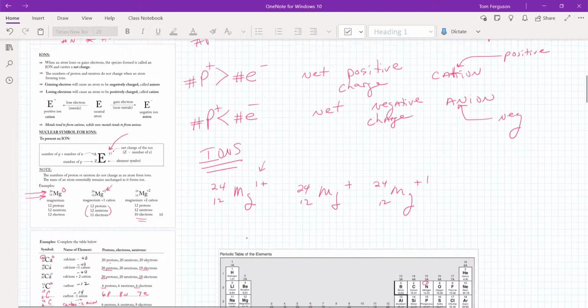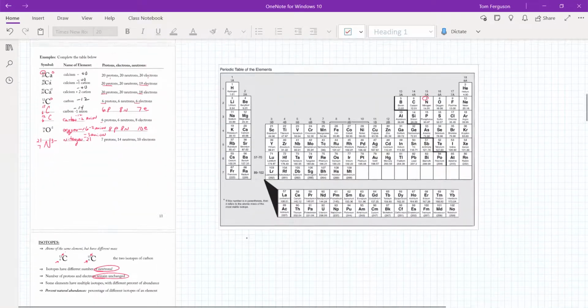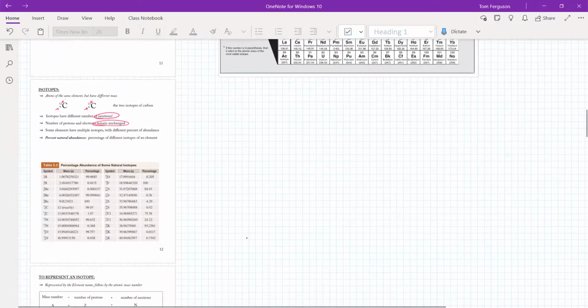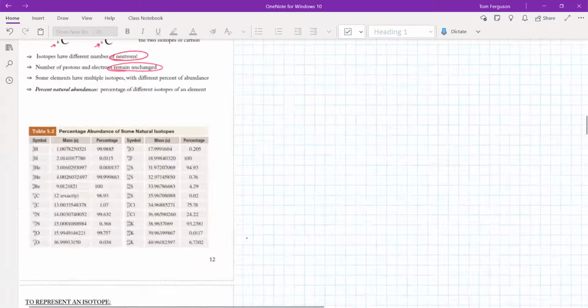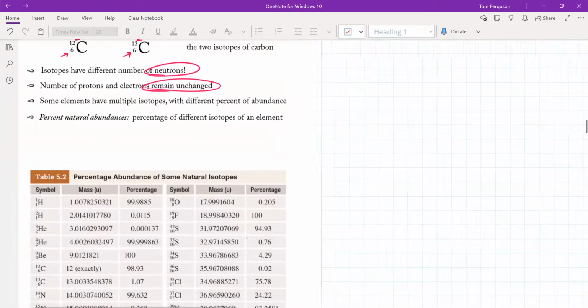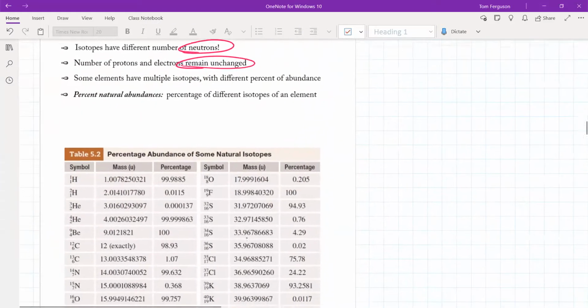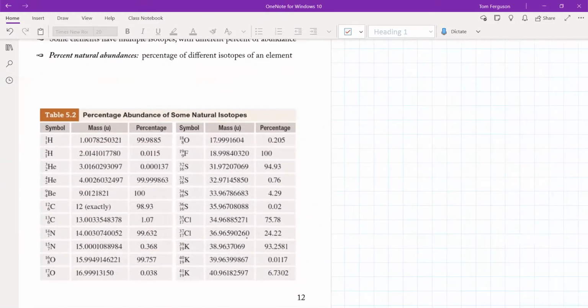And then we also have isotopes, where the number of protons is the same but the number of neutrons is not the same. Now, some isotopes are more stable than others. If they're more stable, that means we'll find more of them in the atmosphere. For example, you can look down here at some of these.